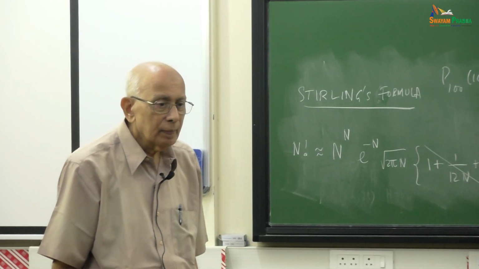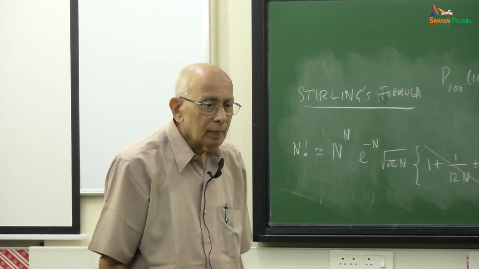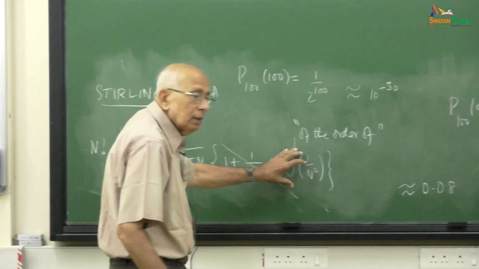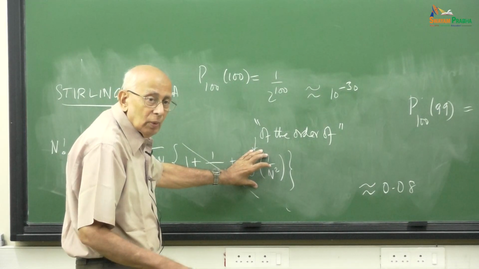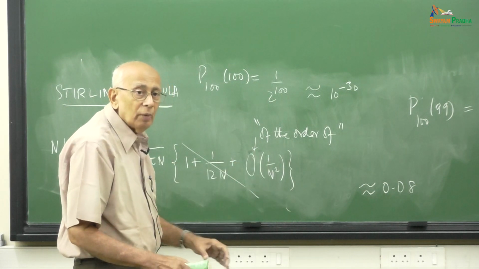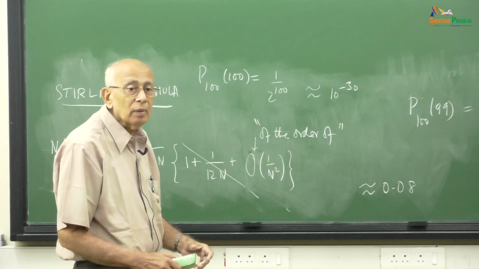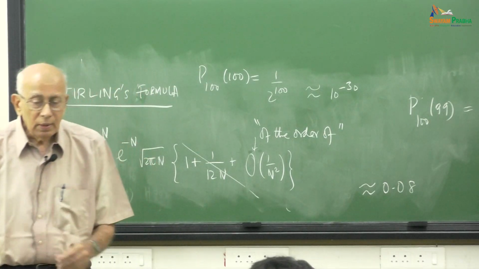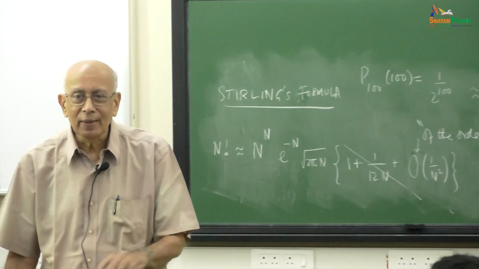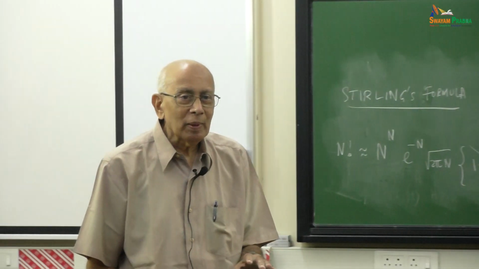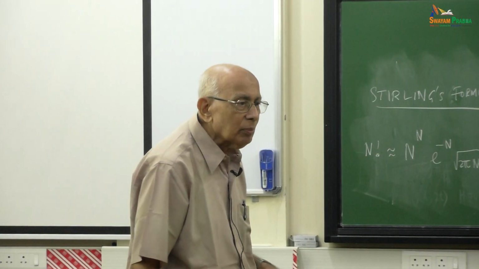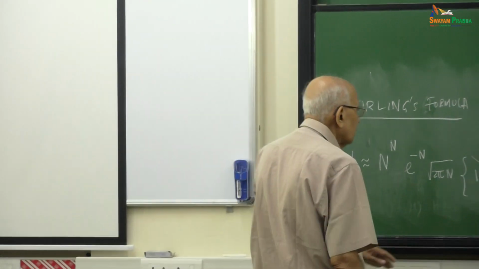So could we explain exactly what "of the order of" means? It means if you divide by this number and divide it by 1 over n squared, you get a coefficient of the order of finite, of 1. There's a whole little digression on what's meant by little o and capital O notation, which I don't want to get into here, except to tell you that the correction will go like this.